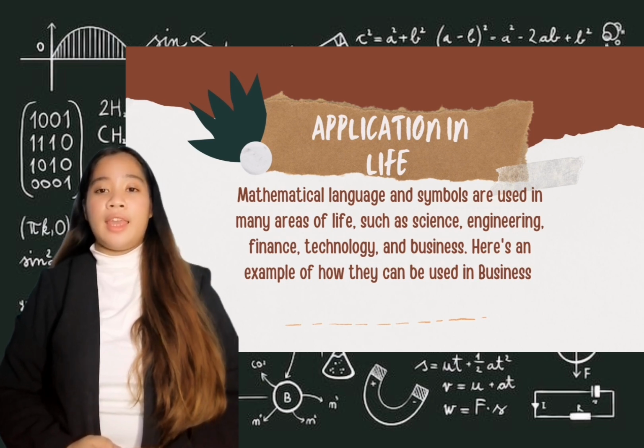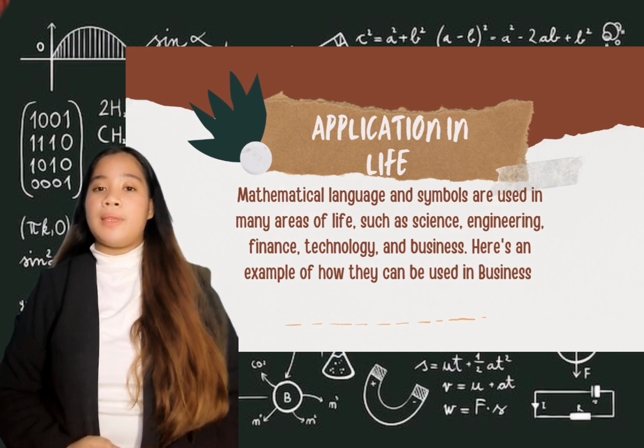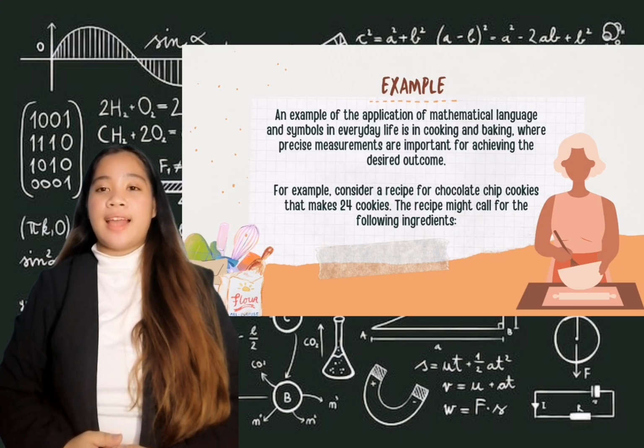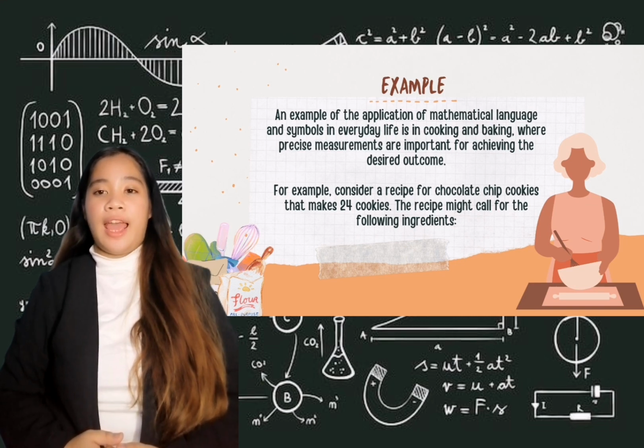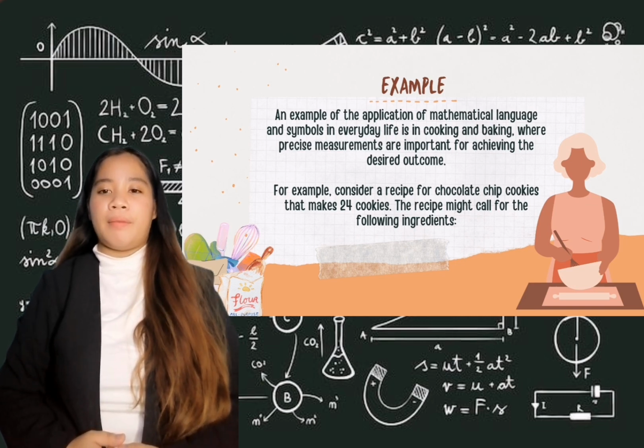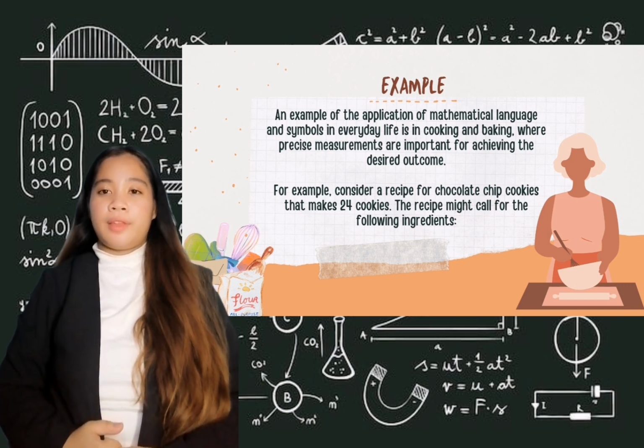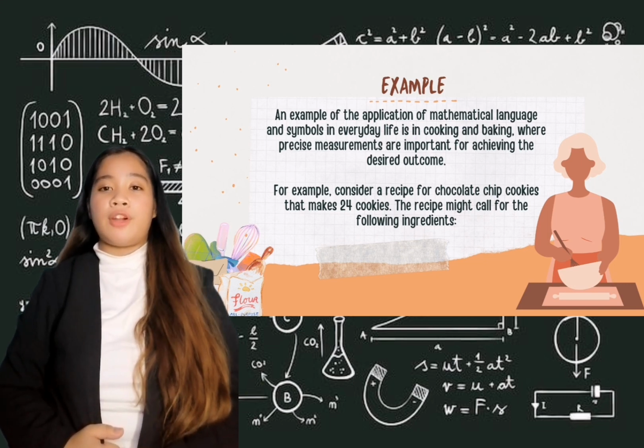technology. Here is an example of how we can use this in a business. An example of the application of mathematical language and symbols in everyday life is in cooking and baking, where precise measurements are important for achieving the desired outcome. For example, consider a recipe for chocolate chip cookies that makes 24 cookies.